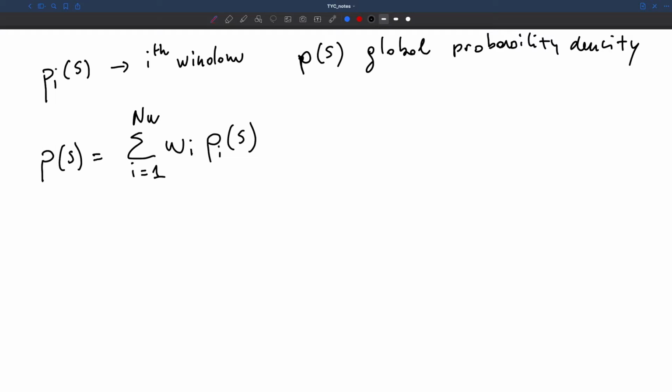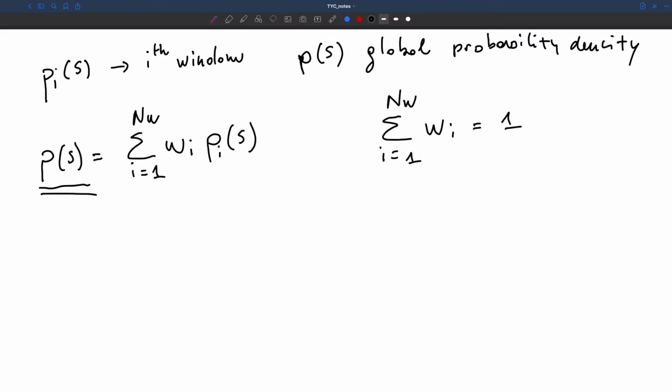Now, the weighted histogram analysis method has developed a particular expression for these weights Wi that allows essentially to minimize the error associated with the estimate of P of S. That minimization of the error is obtained by applying the Lagrange multiplier technique and using as a constraint a condition on the weights: the sum of all the weights from 1 to n windows should sum to 1.